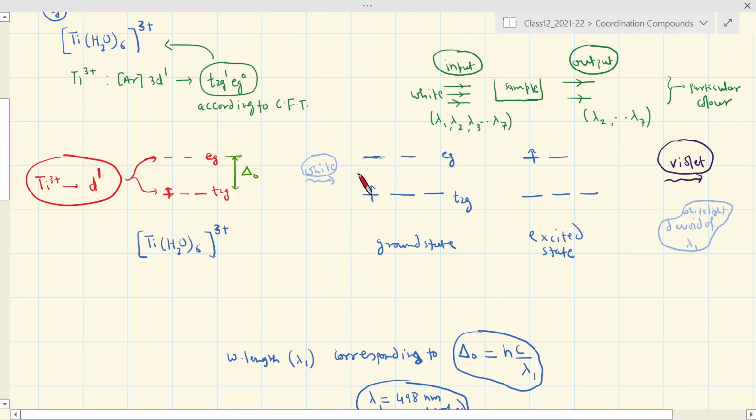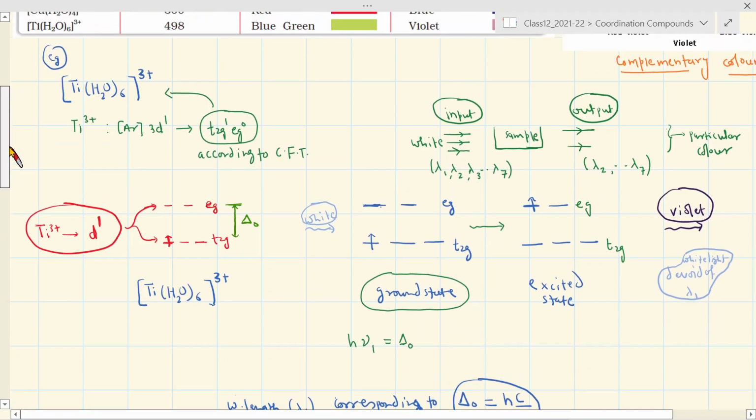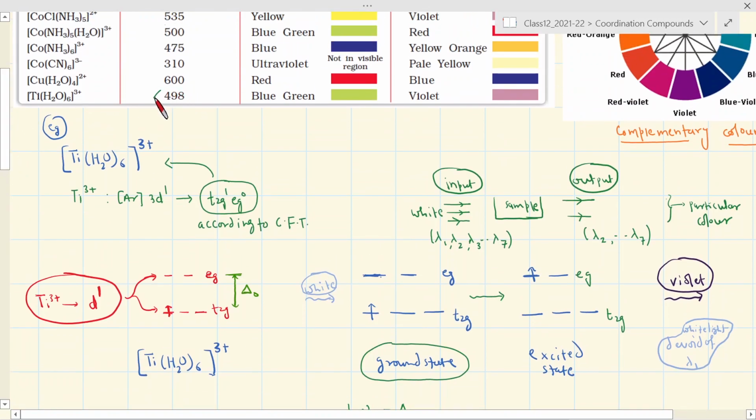A photon with a frequency nu1 that matches this energy separation delta O will be absorbed by this electron, and the electron will go into the higher energy state, that means eg. So eg is a higher energy state and t2g is a lower energy state. Initially the electron is in the ground state, and after absorbing a certain wavelength, in this particular case you can see the titanium hexaaqua complex absorbed at 498 nanometer.